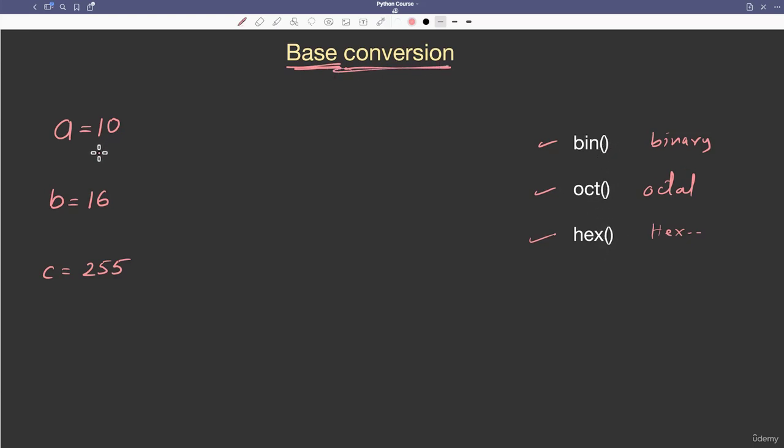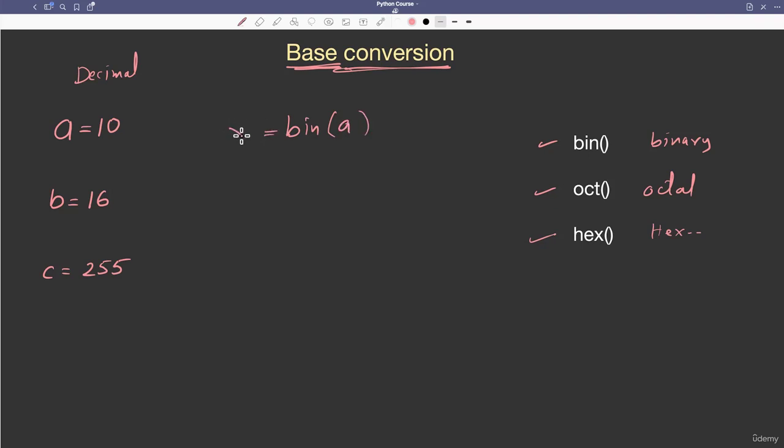For example, I have the variable a whose value is 10. You want to know the binary form of this 10. This is in decimal number system, right? So you can call the function bin upon a.